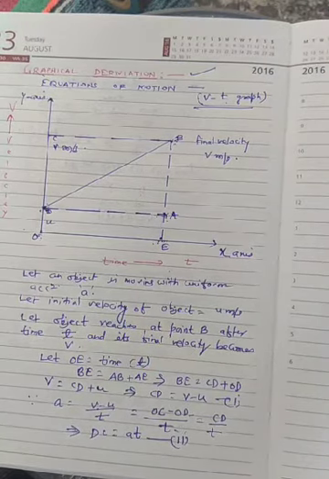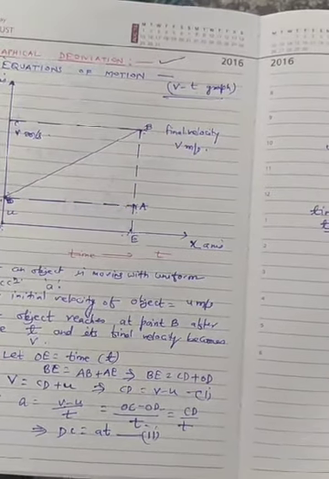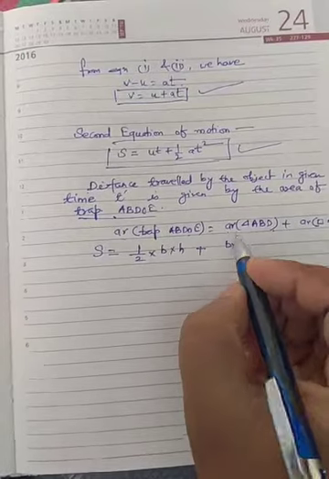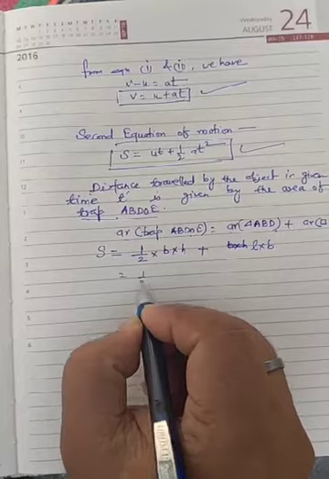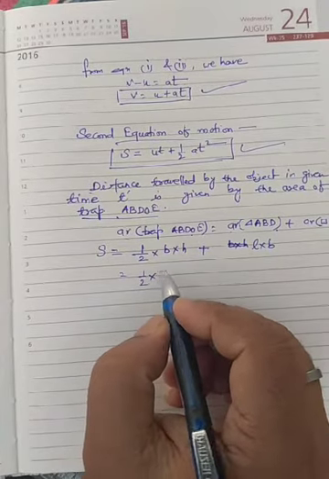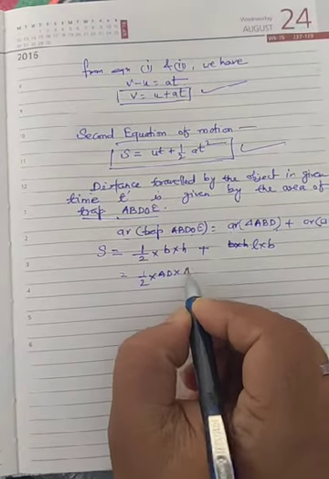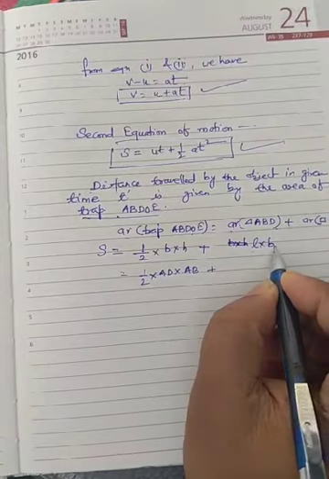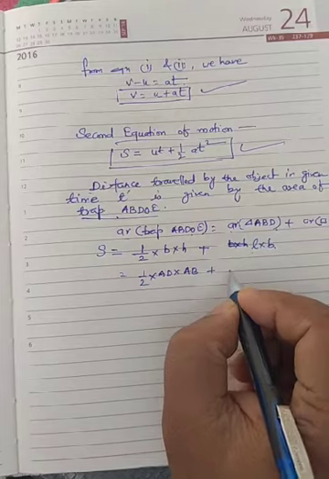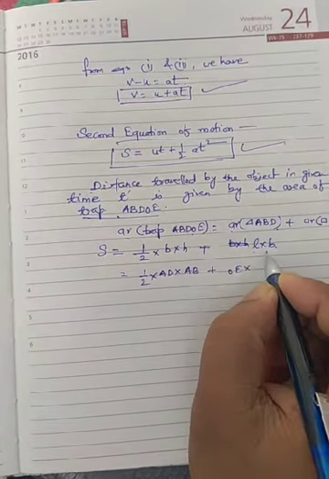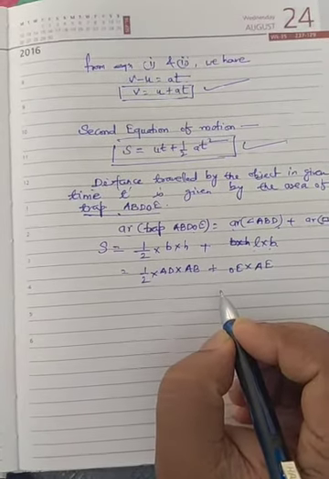So the rectangle has two dimensions, L into B. So we will write half into B, what was the B? We will say AD. What was the height? We will say AB. Plus L into B. What is L? L we can write here OE, and breadth is AE.